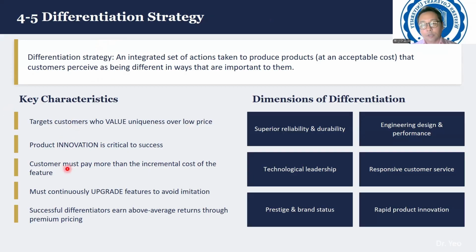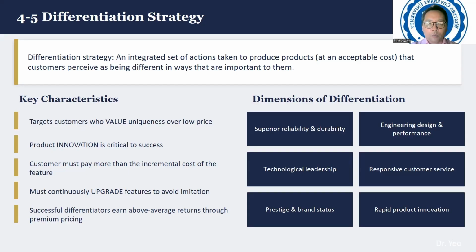Also notice the definition says at an acceptable cost. This is crucial. Differentiators are not free to ignore cost completely. If your product is so expensive to produce that you cannot charge a reasonable premium, your strategy fails. So you have to consider that.